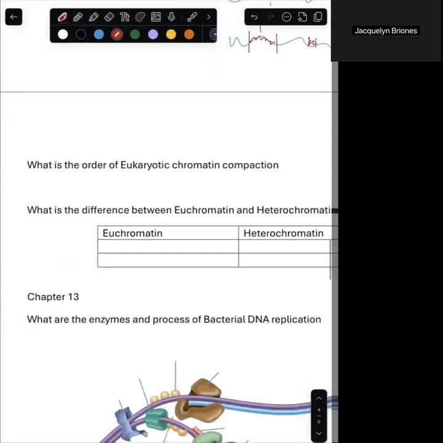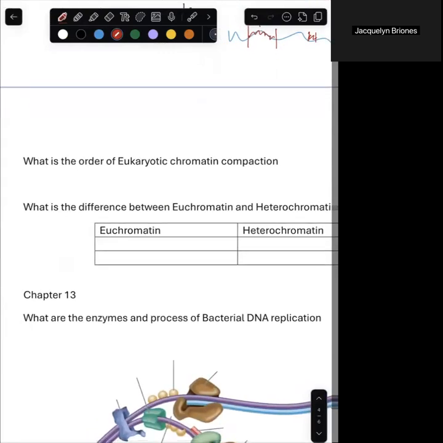But what is the order of eukaryotic chromatin compaction?